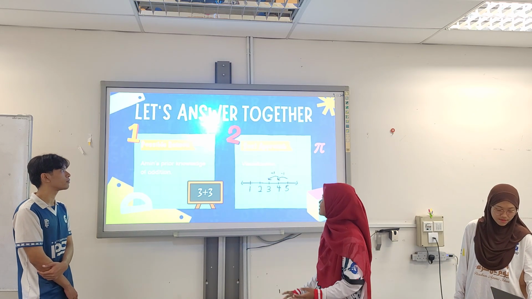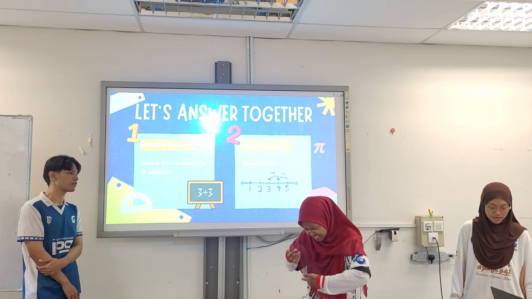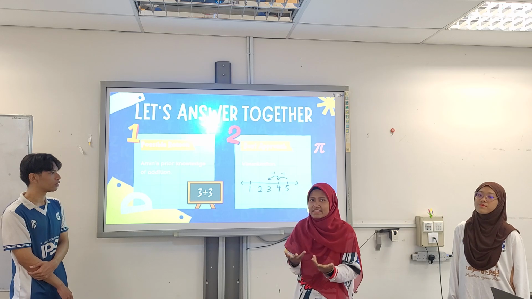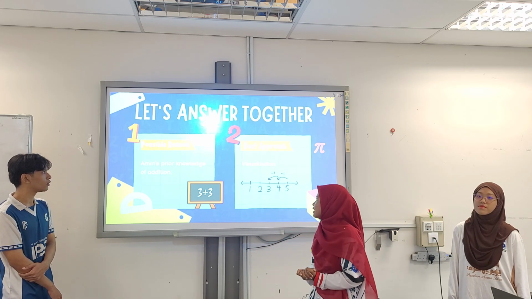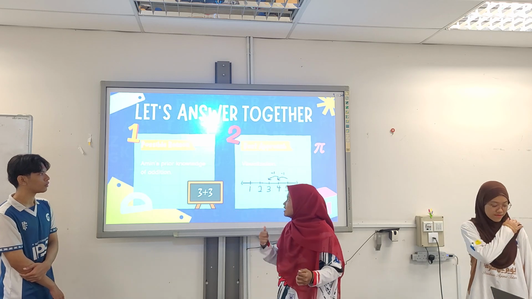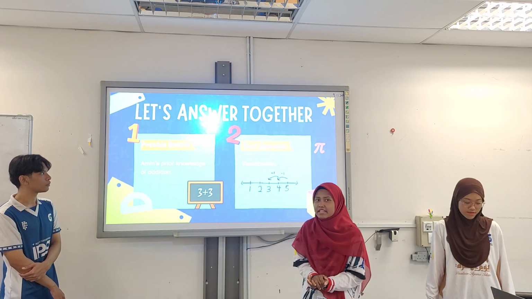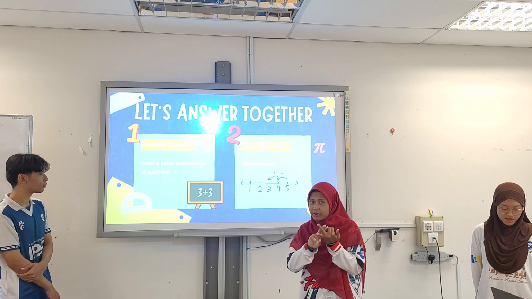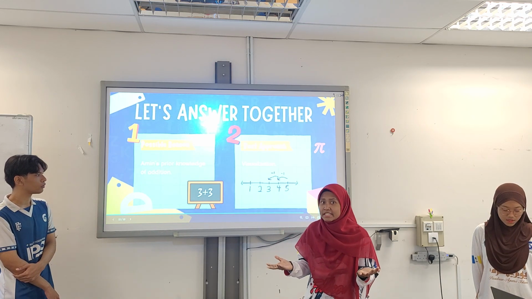Okay, let's answer together. So, when I try to think of any possible reason why Amin would explain subtraction as addition, I think a possible reason is Amin's prior knowledge of addition. As we all know, in our syllabus, we learn addition before subtraction in mathematical operations.